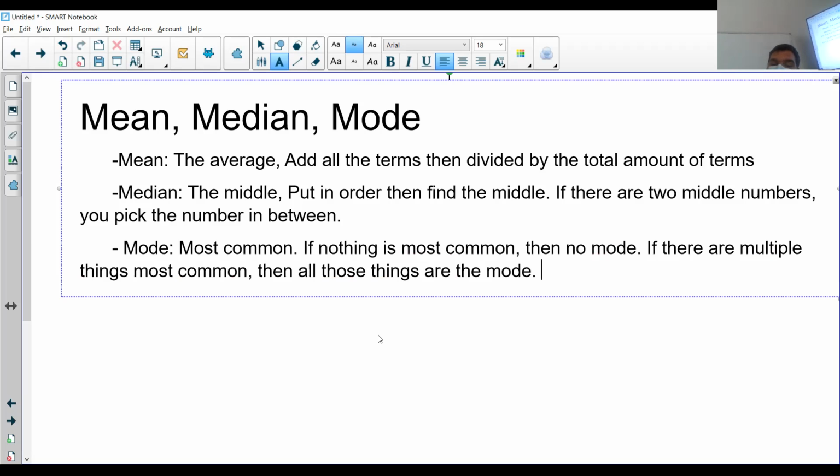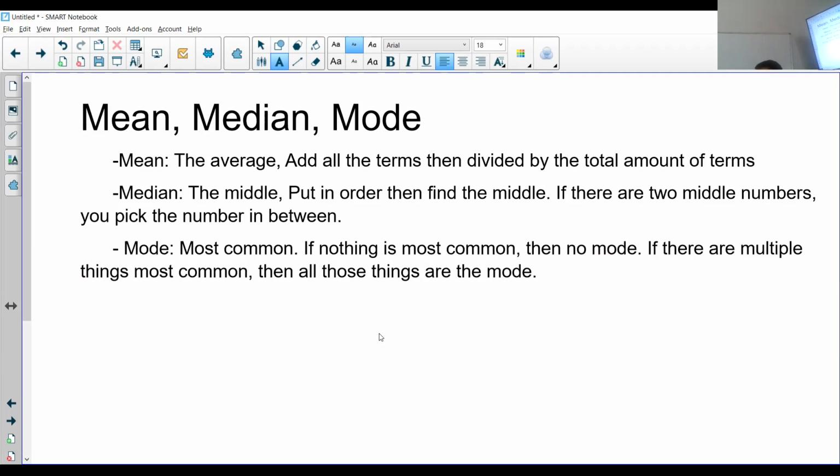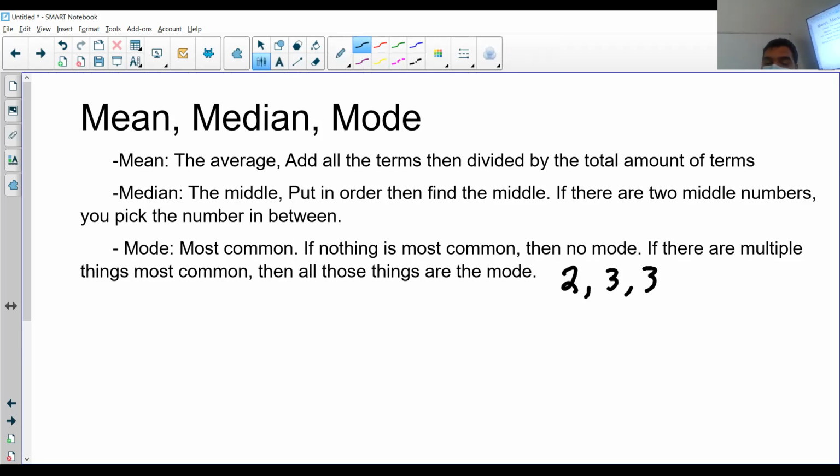All right, for the mode, it's the most common, but for the most common, you could get something that happens multiple times. Let's say 2, 3, 3, 4, 4.